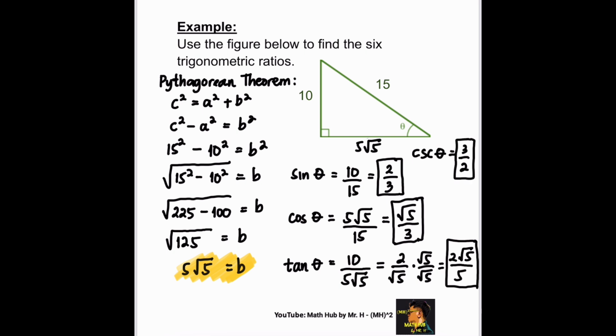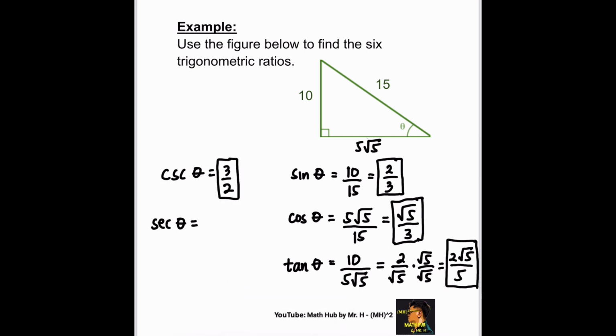And for secant theta, okay, let me erase this part right here. Secant theta is the reciprocal of cosine theta. So if cosine theta is square root of 5 over 3, definitely for secant theta, it will be 3 divided by square root of 5.